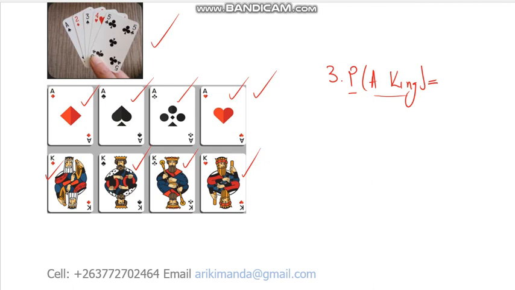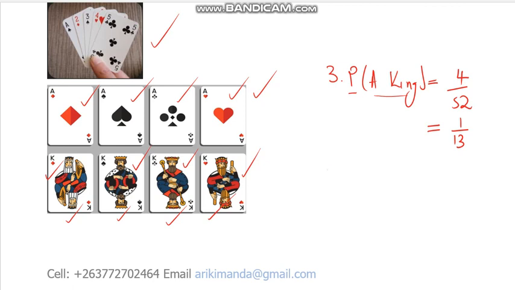So our question is simply, how many kings do we have in this deck of cards? We have 1, 2, 3, 4. So the probability of getting a king will be 4 over 52. When reduced to its lowest terms, 4 over 52 is 1 over 13. This is the answer.